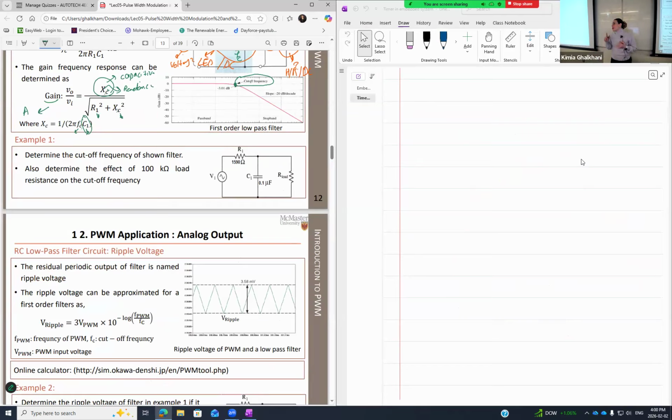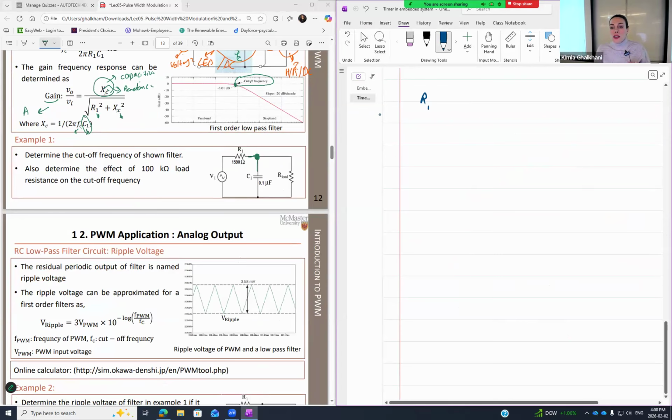Kids, anytime I'm having a resistor connected in series to a capacitor right in here, this is series connection. Why? Because they have only one common point. So there is a resistor R1 in series with C1.